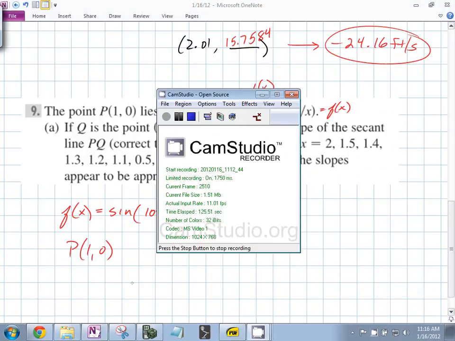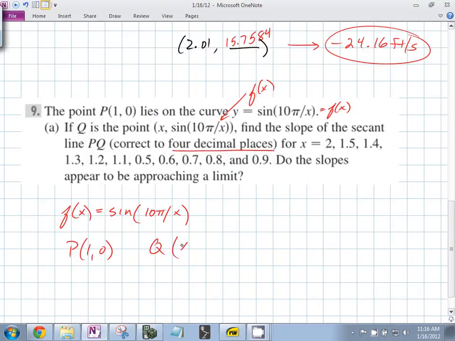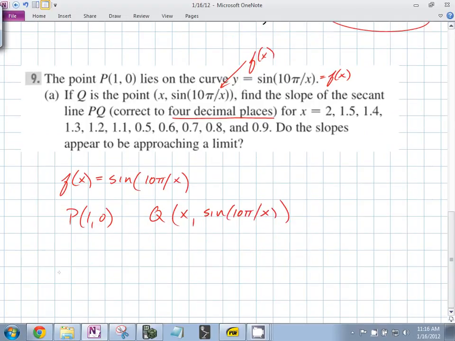Specifically Q is x comma sine of 10 pi divided by x. What's the slope from P to Q? 0 minus sine of 10 pi divided by x, all over 1 minus x. Exactly. Awesome. Can you flip those?